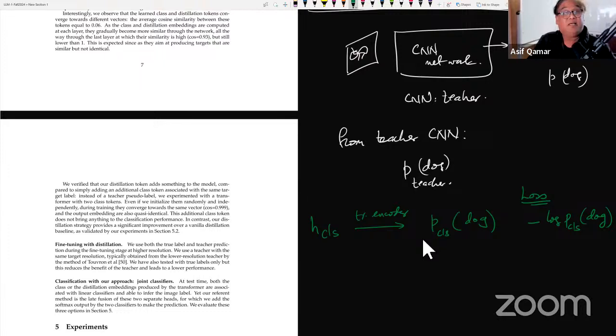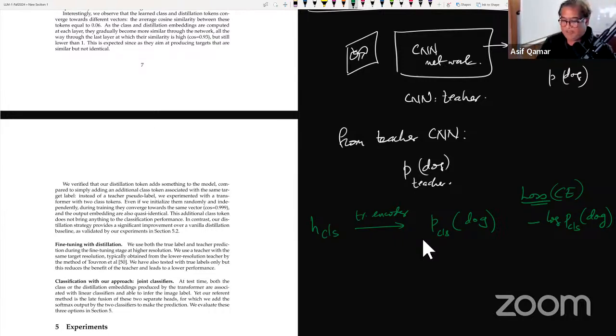But if it says the probability of a dog is 0.1, it's quite wrong. The log of a fraction is always negative, and the negative of a negative is positive. So now you have a real loss. This is the cross-entropy loss. So far, so good, guys? So this part is still what ViT did.